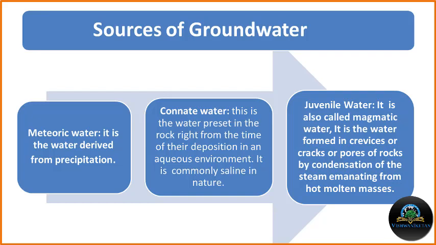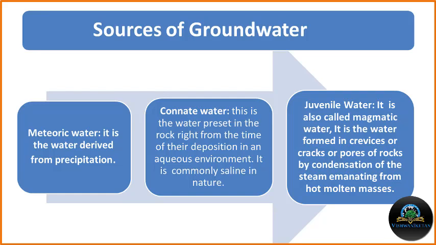It is the water which is formed in the crevices, cracks or pores of rock by the condensation of the steam which may emerge after a volcanic eruption. Most students may get confused when a question comes like what are the sources of groundwater.